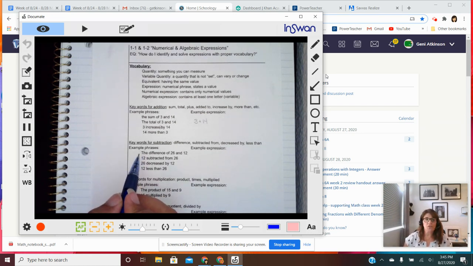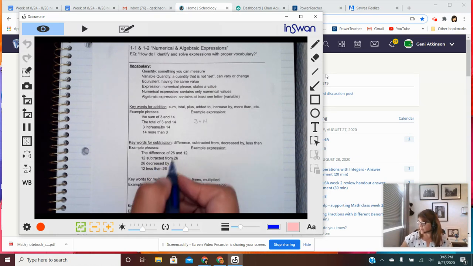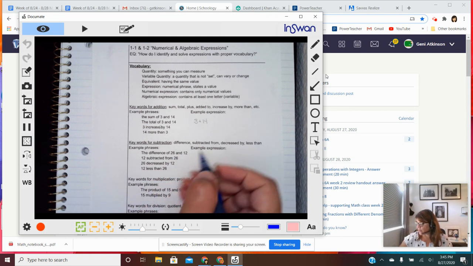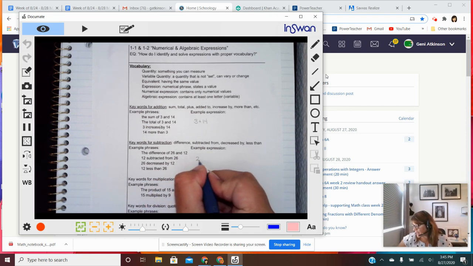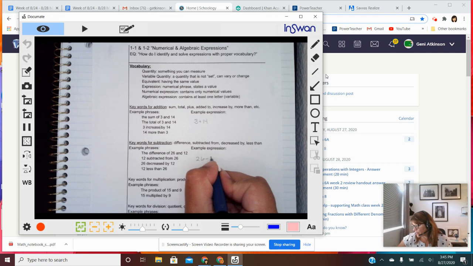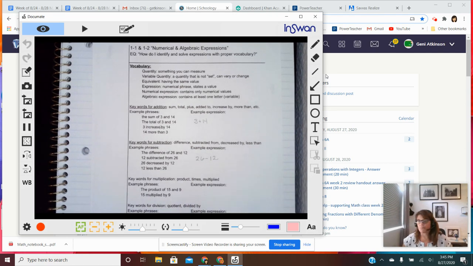Keywords for subtraction: difference, subtracted from, decreased by, less than the other number. Okay, so this is saying the difference of 26 and 12. I need to write it in that order. Okay, 12 subtracted from 26.